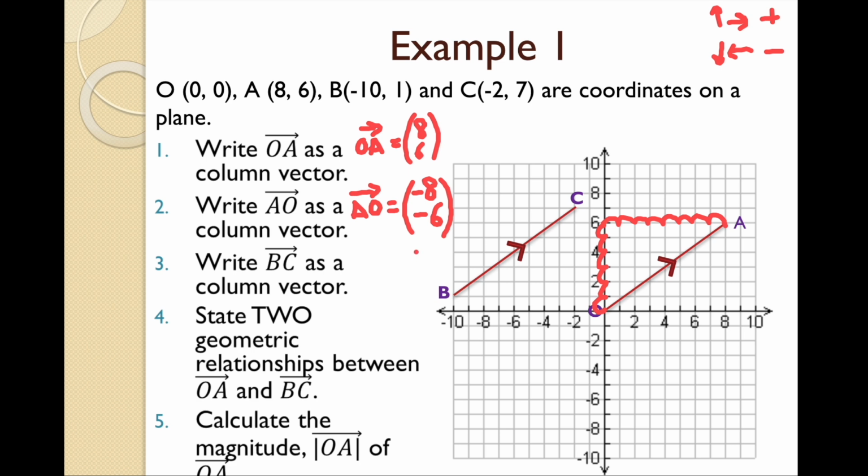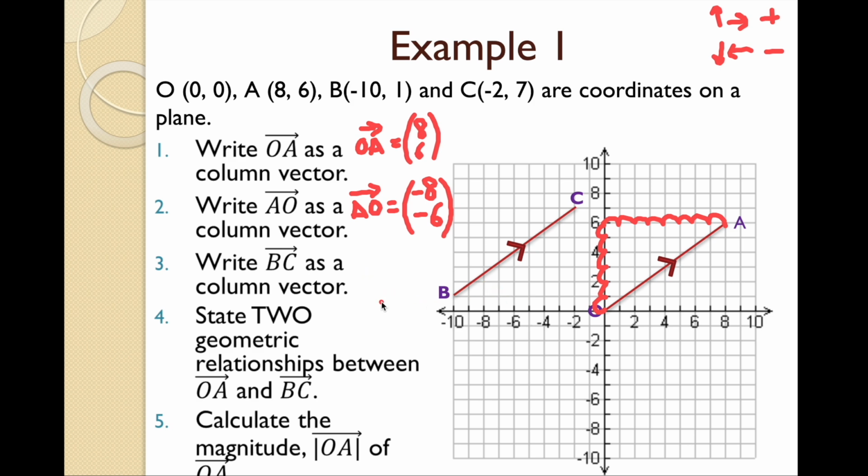Good. Lovely. Now, B to C. I'll show you two ways to do BC, especially when we don't have diagrams to help us. Okay?